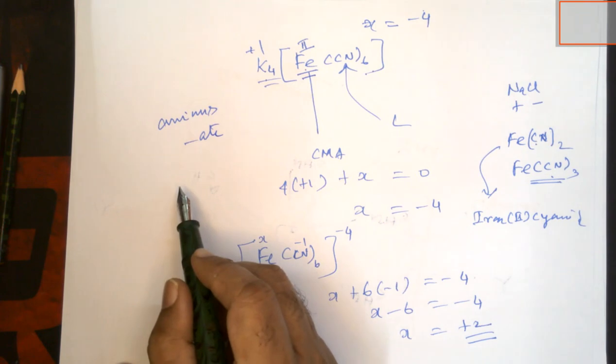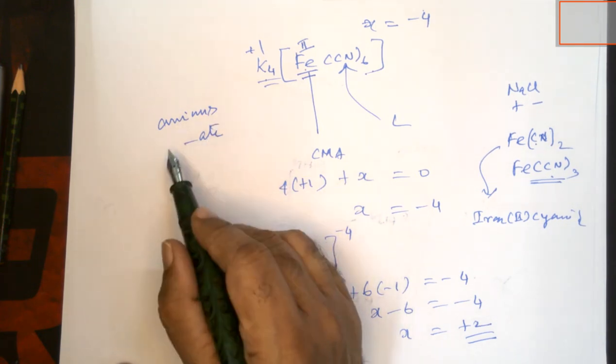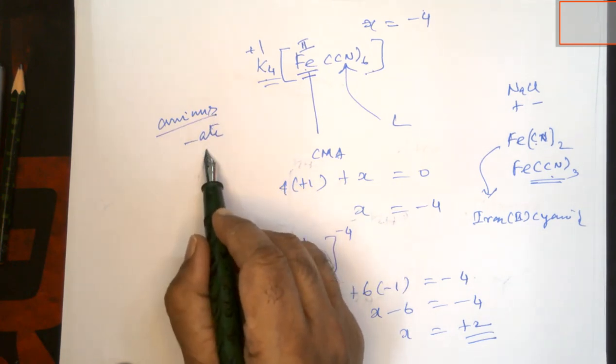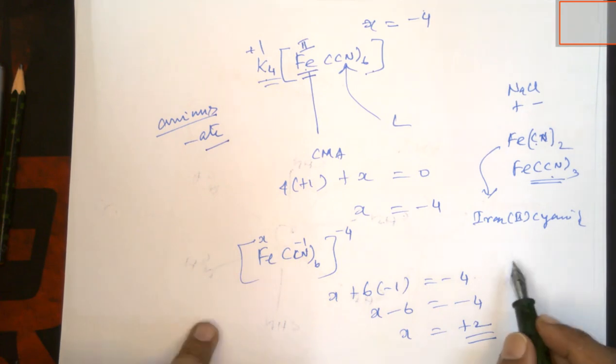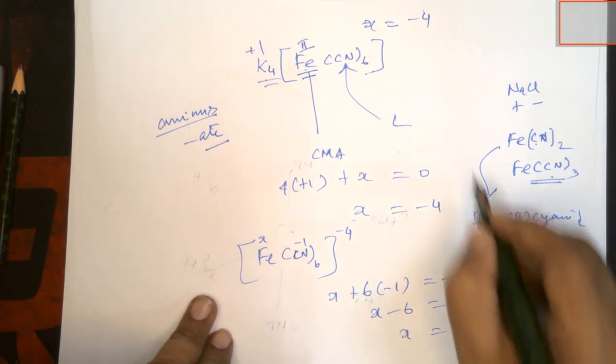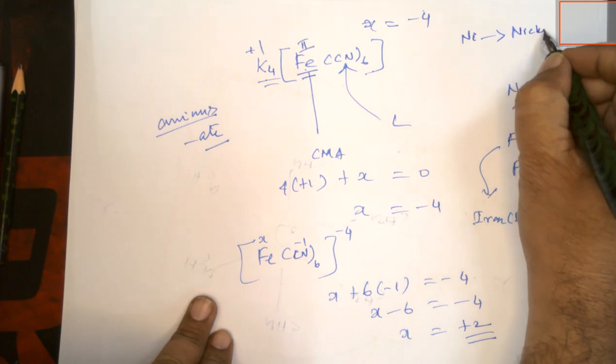Note this point. Particularly when the complex ion is an anion, it should have the suffix ate. For example, nickel is available as a complex ion. In that case, how to call it? Nickel becomes nickelate. Are you able to follow?